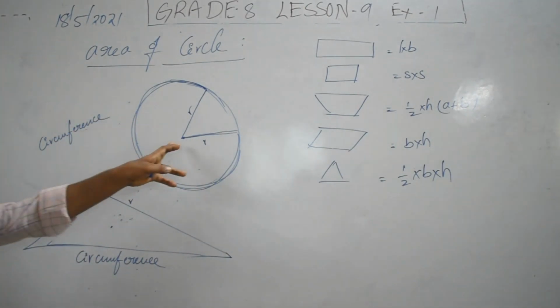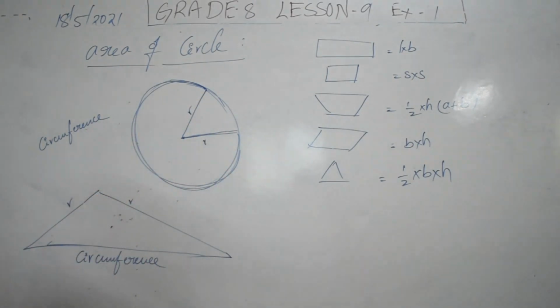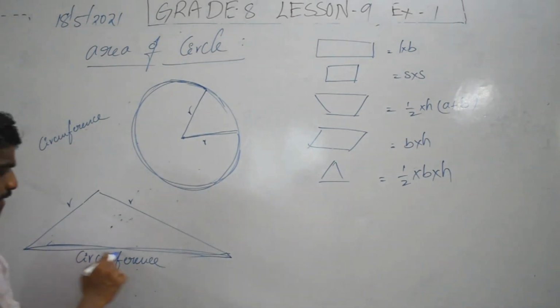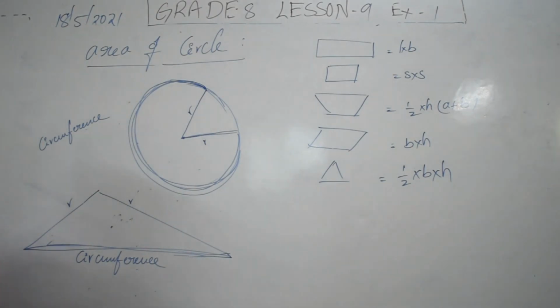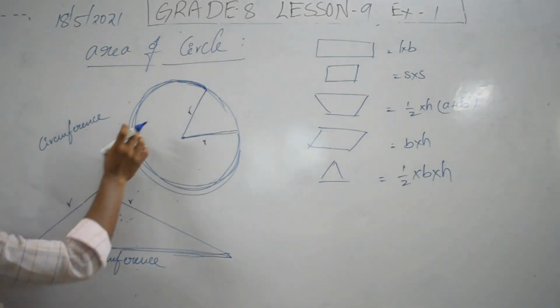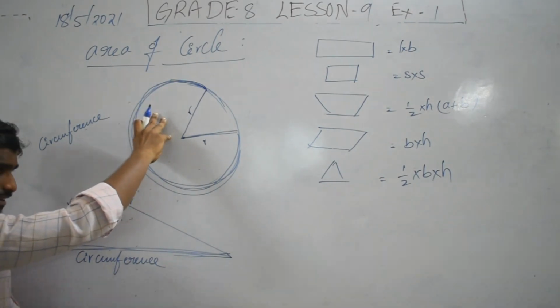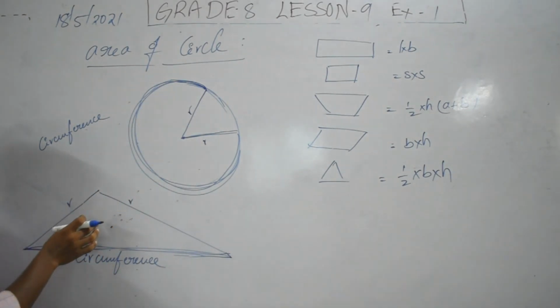Here see, now radius. Now this is a base, the circumference. According to the rectangle this is a base, but here we convert this circle shape like a triangle.